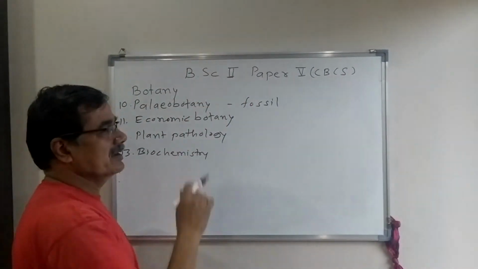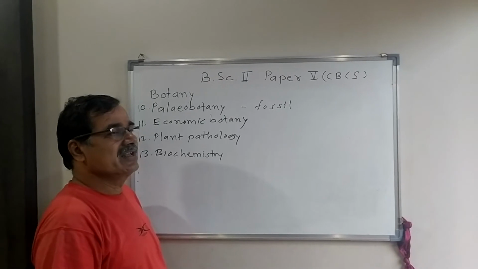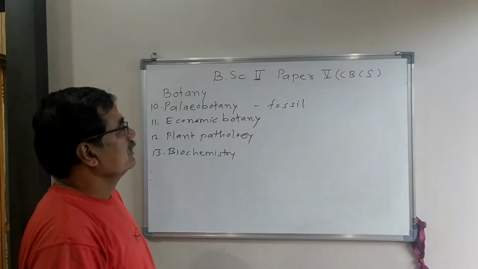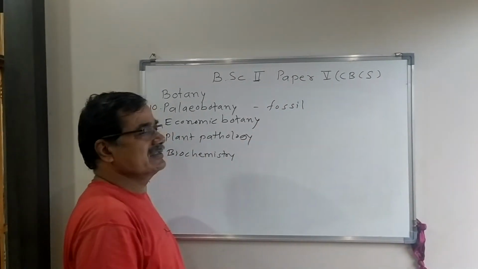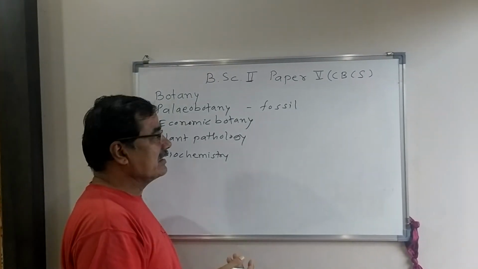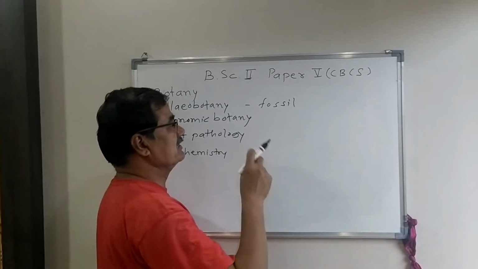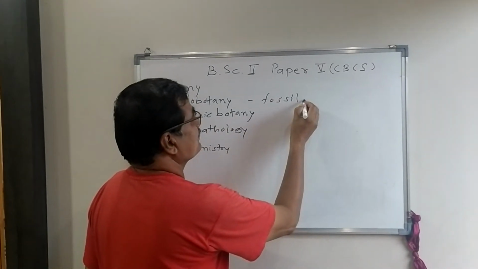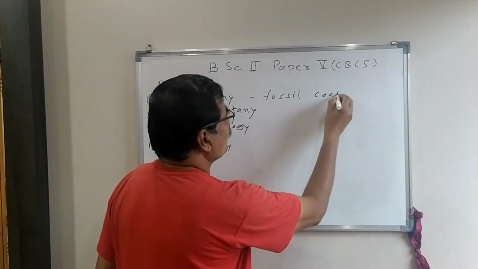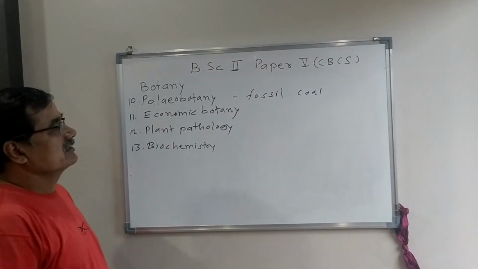This process is known as fossilization. Due to this, microorganisms, fungi, and viruses also act. The plant material decays, and after decaying some part remains as it is. This part is known as fossils. One example is coal, which is a fossil.